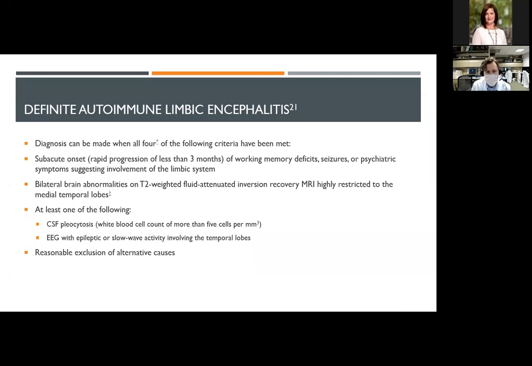You have to have a subacute onset, within 3 months, of working memory deficit, seizures, or psychiatric symptoms suggestive of involvement of the limbic system; bilateral brain abnormalities suggestive of this, which should be in the medial temporal lobe; either CSF with elevated white blood cells, or EEG with temporal lobe abnormalities; and ruling out reasonable other causes.